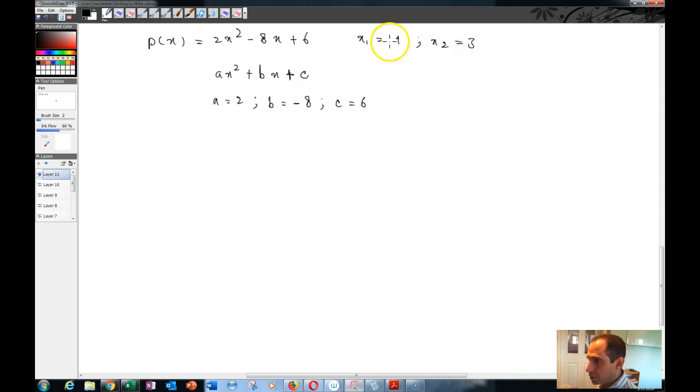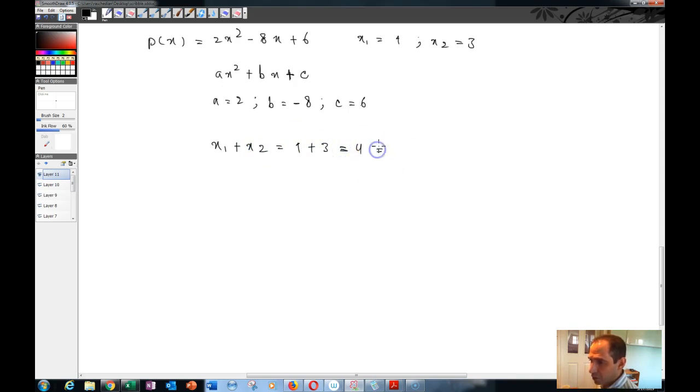Let's start with the sum of the two zeros: x1 plus x2 is 1 plus 3, which is equal to 4.